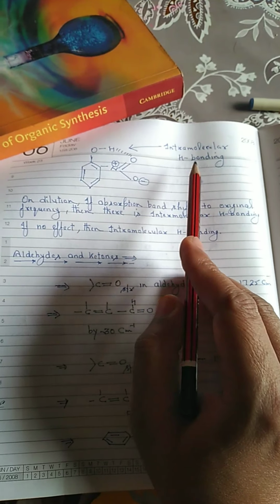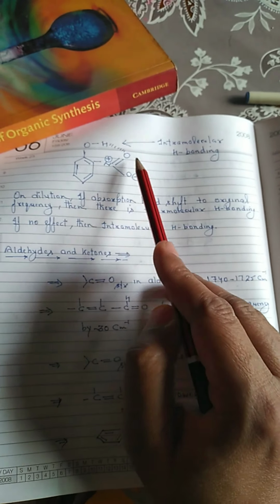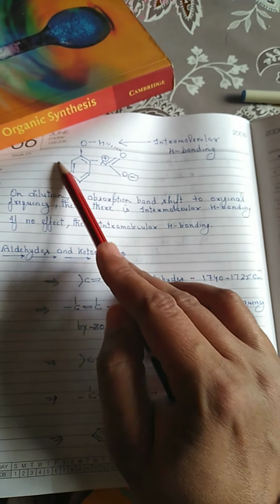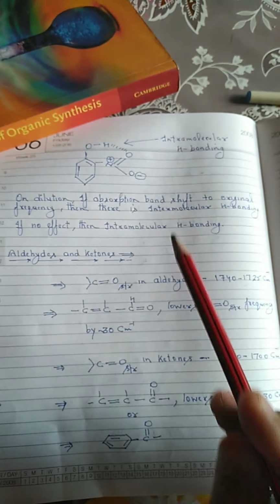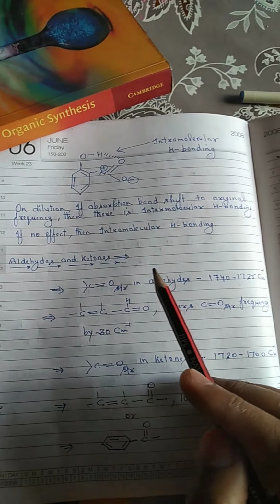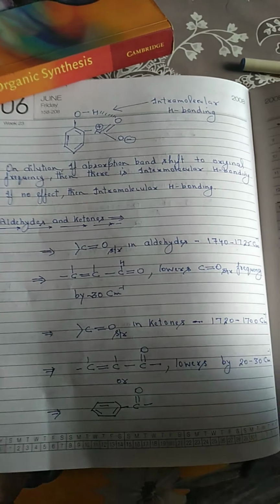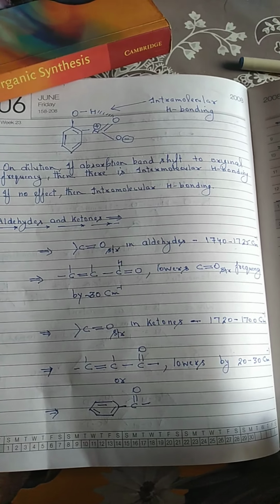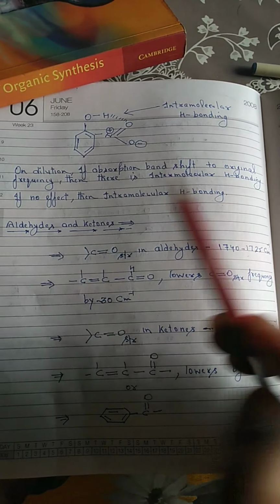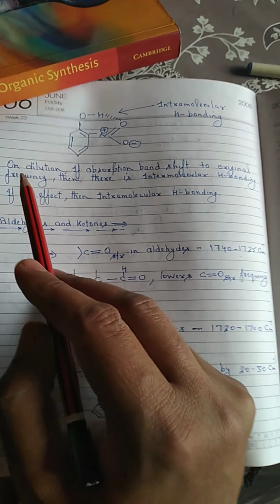or intramolecular hydrogen bonding. Intramolecular hydrogen bonding exists in only one molecule. IR spectroscopy is also used to differentiate between inter and intramolecular hydrogen bonding. Why?